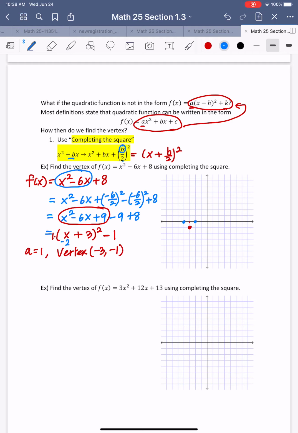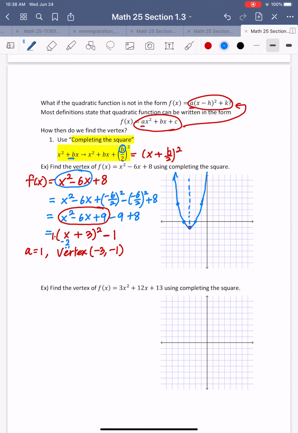If you plug in negative 1, negative 1 plus 3 is 2, squared is 4, minus 1 is 3. So negative 1 is 3 right here. 3 here. It's always symmetry because this is the axis of symmetry. Okay. And then you are going to the 8. So 1, 2, 3, 4, 5, 6, 7. About here. Okay. So this is the problem.